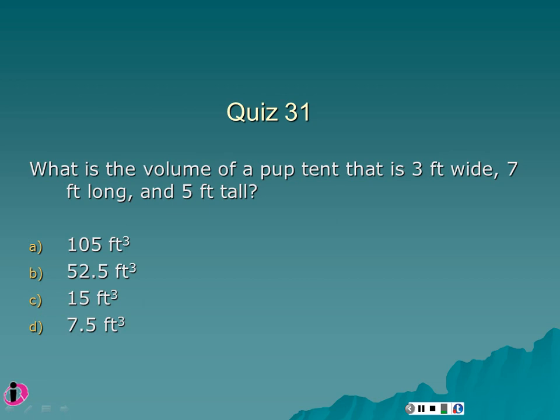So the right answer should be 52.5 feet cubed. The right answer is B. Everyone has the answer? 52.5 feet cubed, right? You have the answer? Alright, so let's pause and try the remaining parts of the homework for chapter 9.